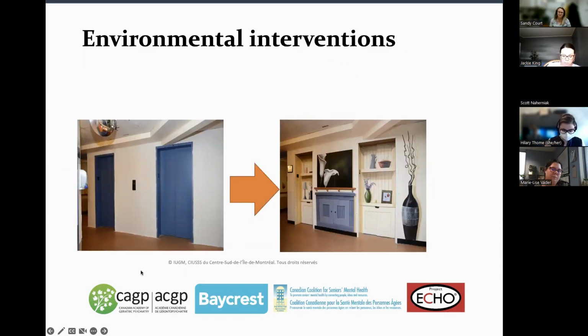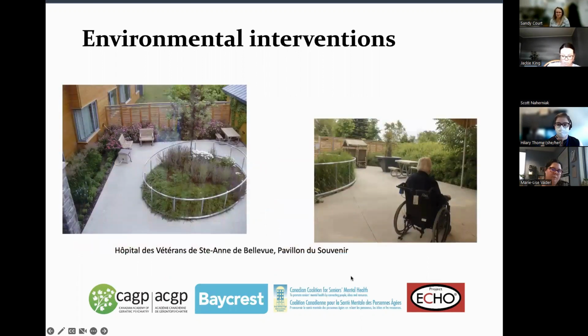You know, here for wandering patients or those who want to leave, the contrast between the elevator door and the walls is very appealing, so it increases the risk of getting out. And here you see a fresco, a pictorial decor that has been put there, so it disguises the elevator door and decreases the risk of wandering and fugue for this patient.